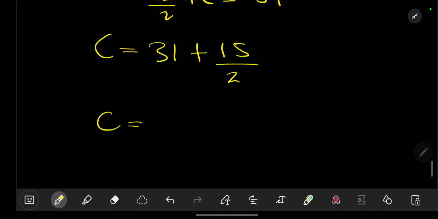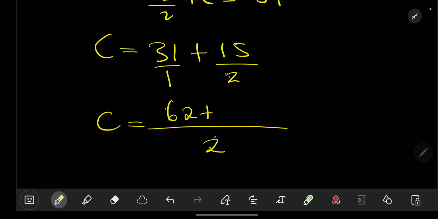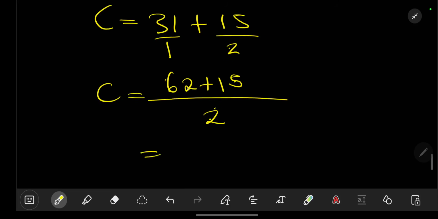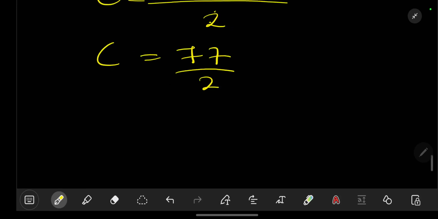So 2 is common. We are going to have 2 divided by 1, that's 2 times 31, which is 62, plus 2 divided by 2 times 15, which is 15. So when we add 15 plus 62, it will be equal to 77 over 2. So this will be our c value.